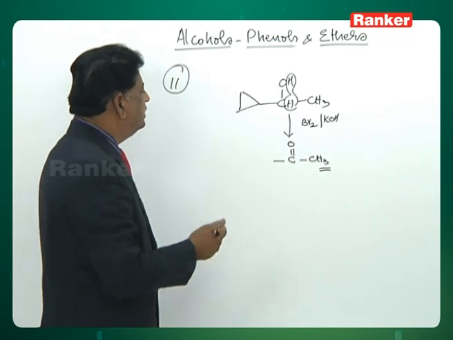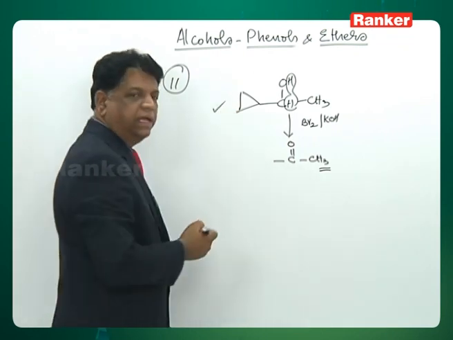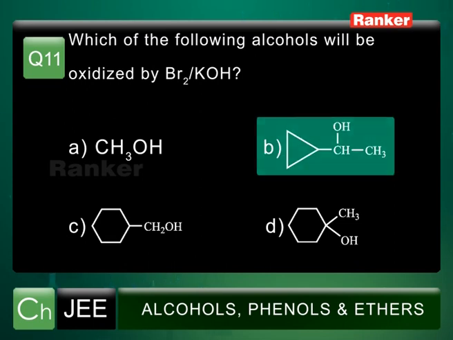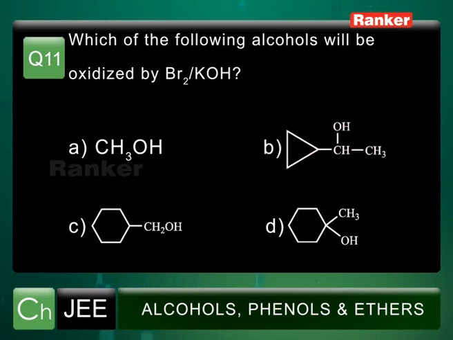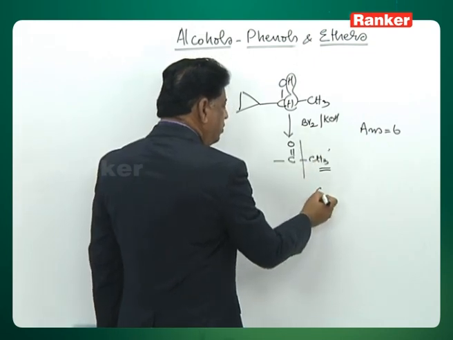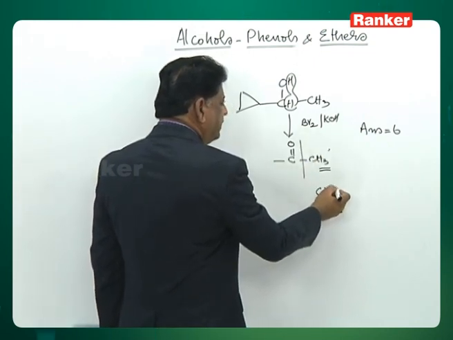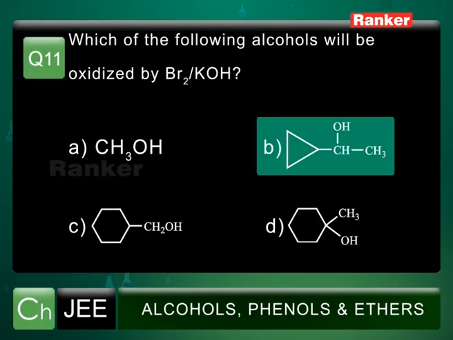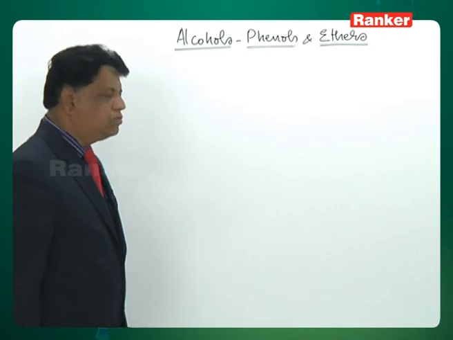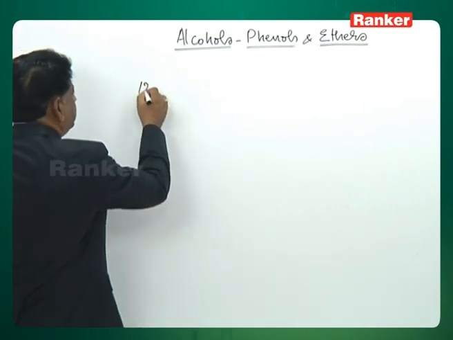So this type of compound will be the right answer. Therefore B is the right answer. Finally this will become tribromo and cleave, and CHBr3, bromoform, will be formed in this reaction. So let's go to the 12th question.